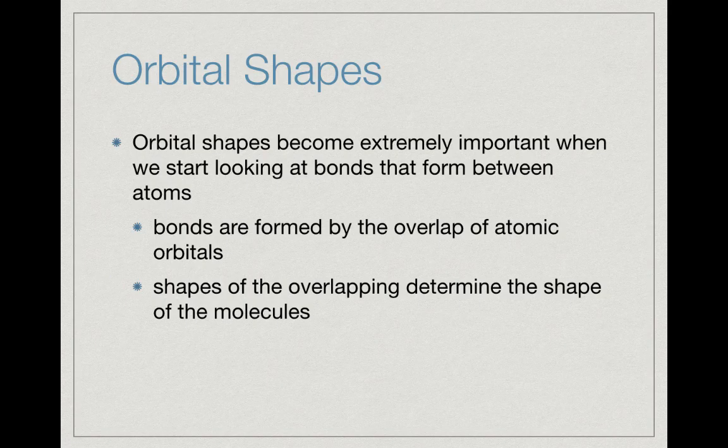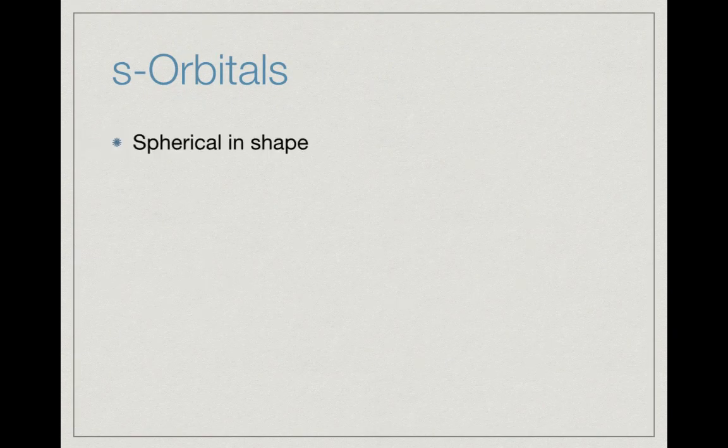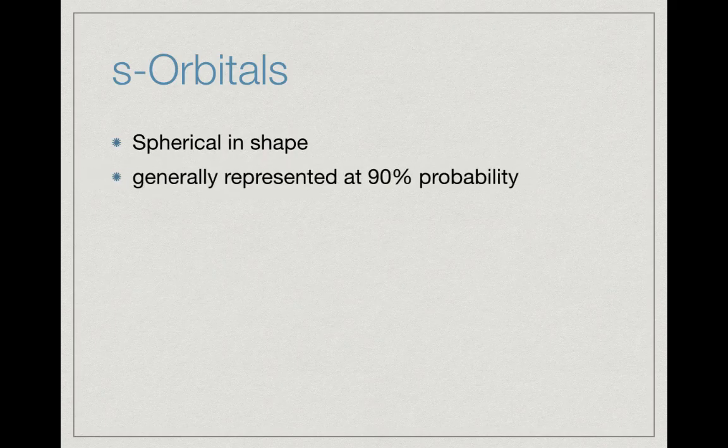So let's take a look at 3 of our different orbitals here. So we're going to look at s-orbitals. s-orbitals are generally spherical in shape, and for most orbitals, regardless of the type, we usually report those at a 90% probability. So we have a 90% probability of finding our electrons somewhere in that sphere.